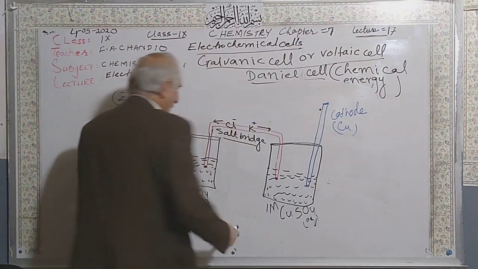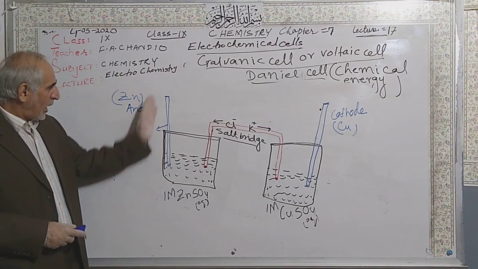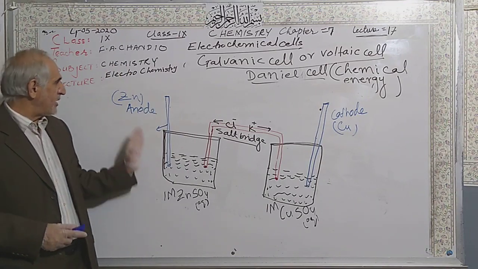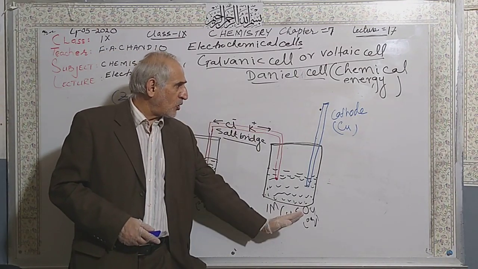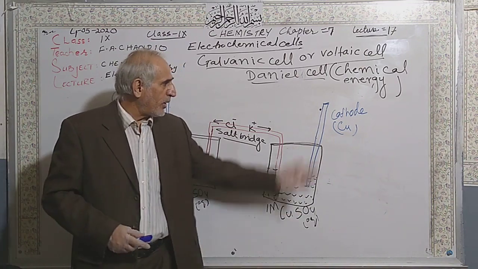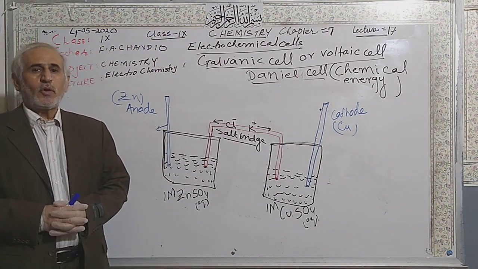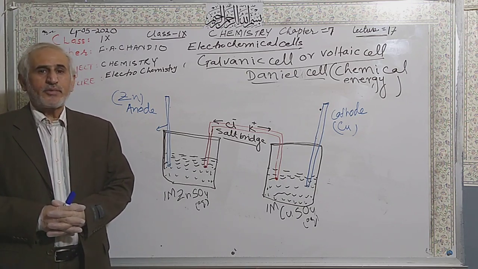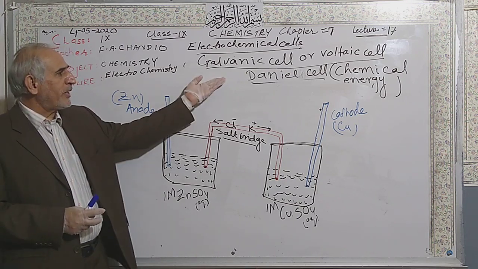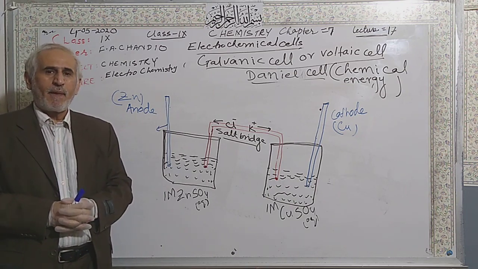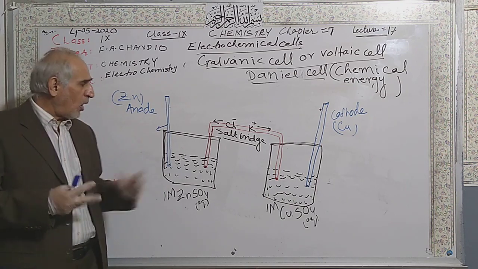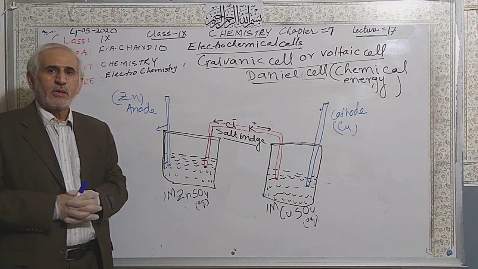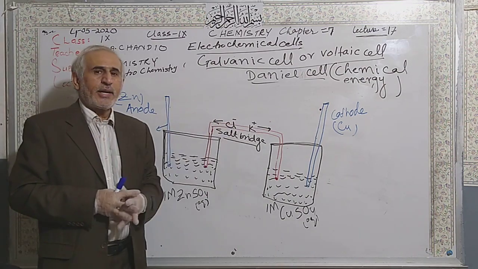Now I put the anode here, zinc, and I put the cathode copper here. Now what happened? I don't use a battery. This is a spontaneous cell. So how do I know the chemical reaction is taking place?